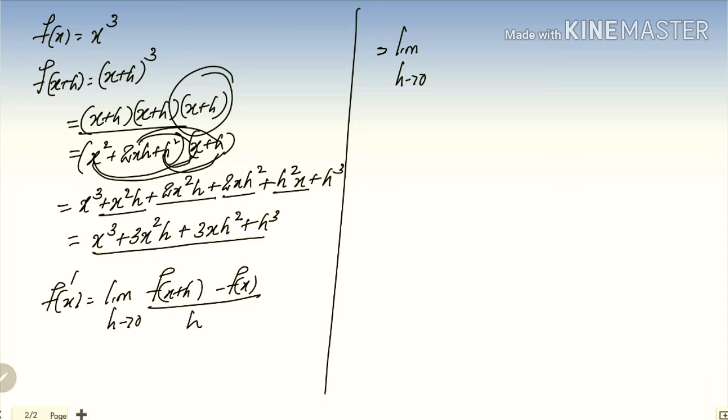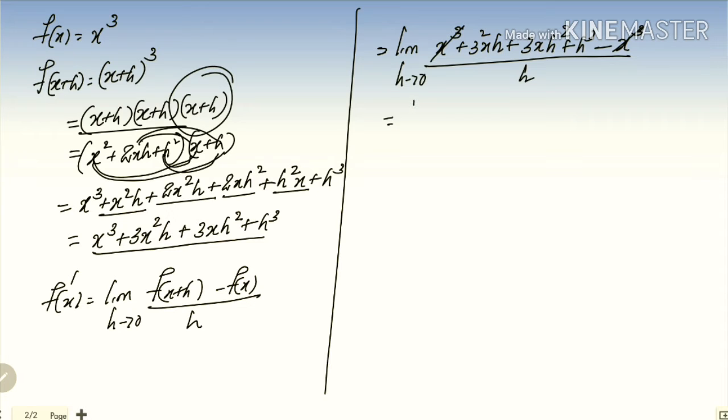In the place of f of x plus h, we write x cube plus 3x square h plus 3xh square plus h cube. Then minus f of x, that is x cube, divided by h. The x cube and minus x cube will be cancelled.